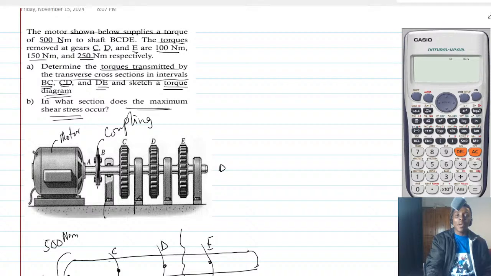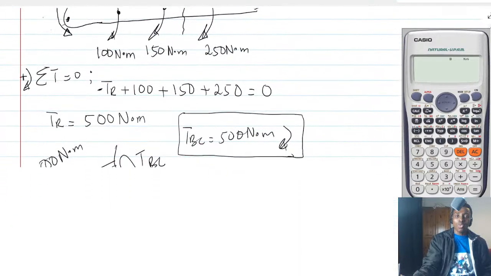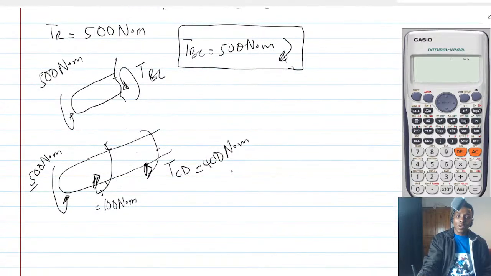Okay, all these are bearings holding the shaft. Now, if I get to point E, I don't need the whole of the shaft. I just need only that portion, right? Because I know the torque at E, which was what? 250. Okay, so now I know that TCD is 400.